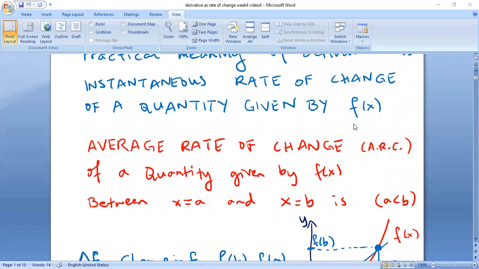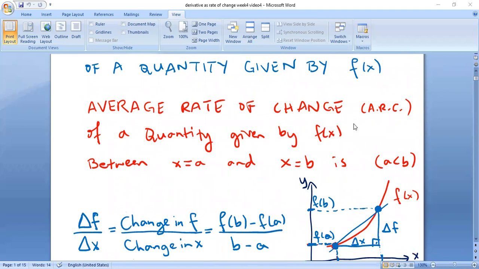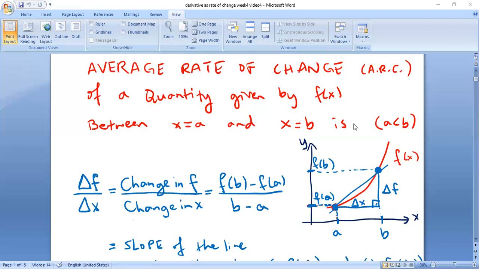The average rate of change of a quantity given by f of x between x equals a and x equals b is the change in the quantity f divided by the change in x. So that's equal to f of b minus f of a all over b minus a.